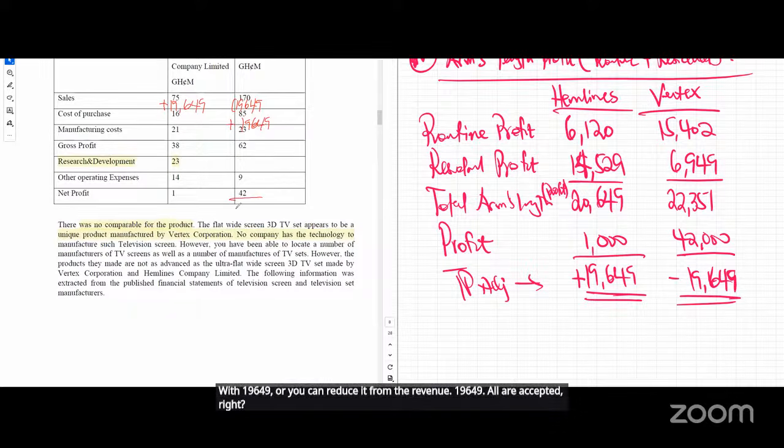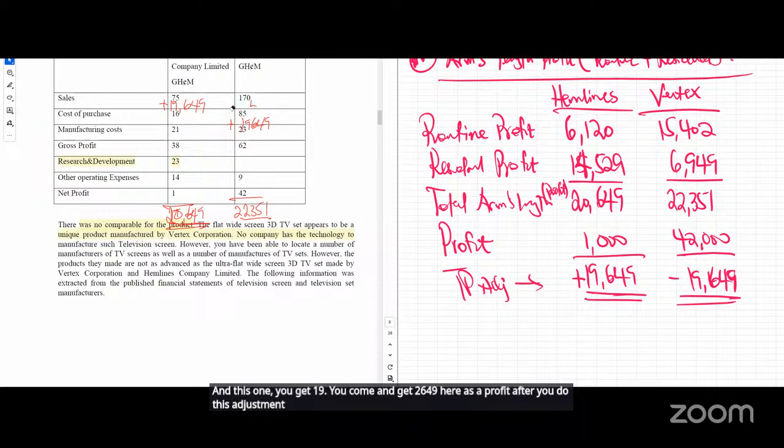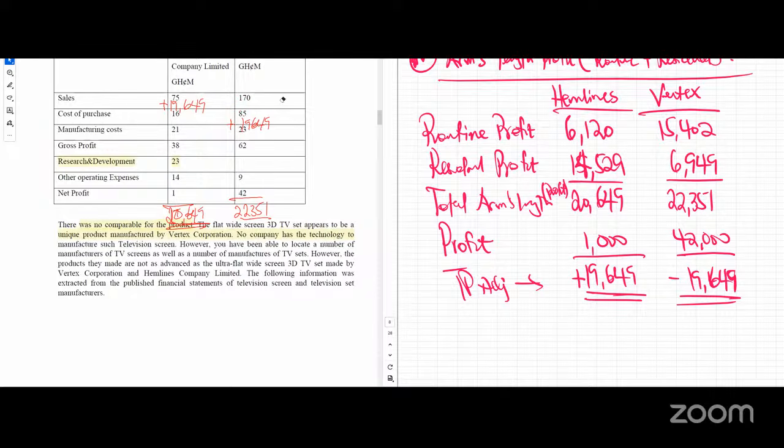At the end of the day, you get 22,351 here, and this one you get 20,649 as a profit after you do this adjustment. So that's how we do profit splits. You see, it's very easy. So please, can I look at the initial part of the question, please?